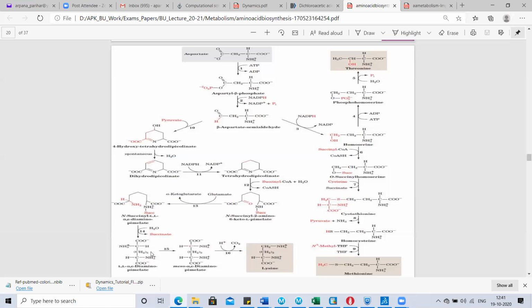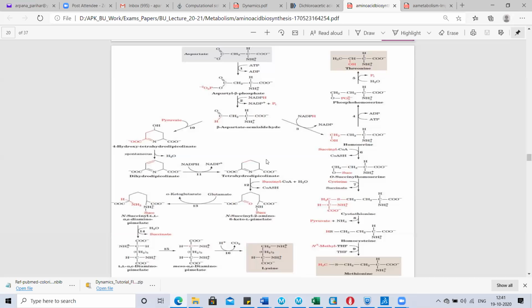This N-succinyl diaminopimelate is converted into diaminopimelate through removal of succinate and addition of water. This compound is converted back into meso alpha epsilon diaminopimelate, which upon removal of CO2, in a decarboxylase reaction, gets converted into lysine.